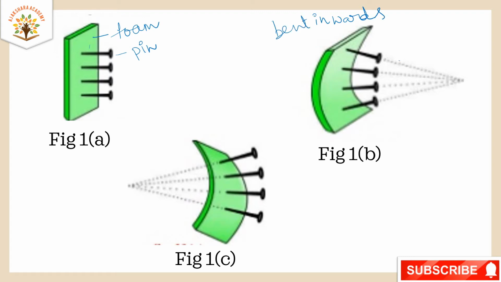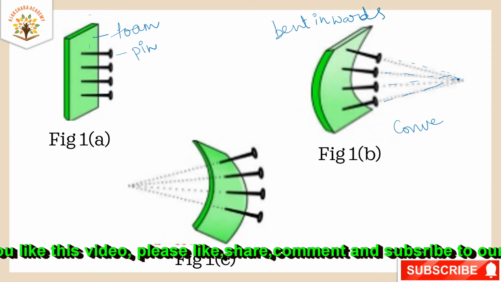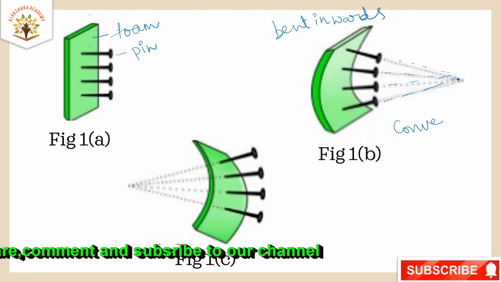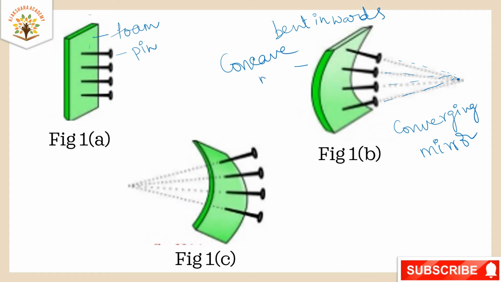Whenever the foam is bent inwards, these pins meet at this point, so it is converging. So this acts like a concave mirror, and we can call it a converging mirror. Why? Because it produces a convergent beam of light. So this is a concave mirror.